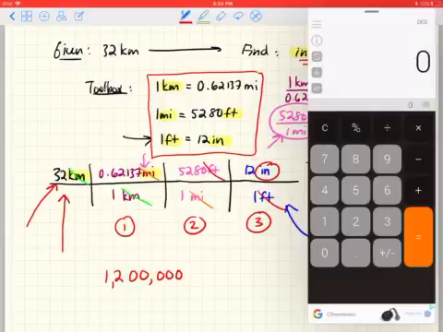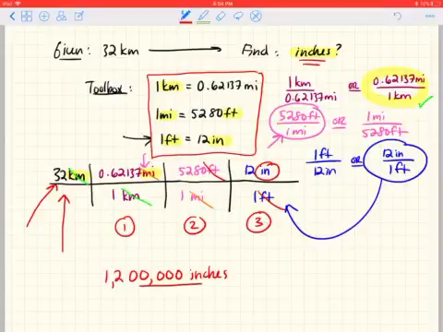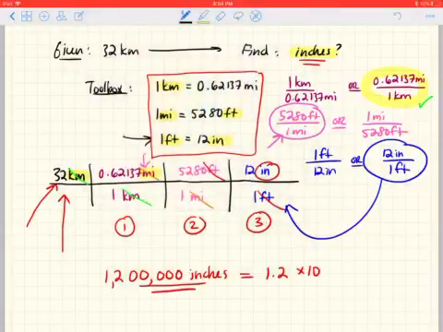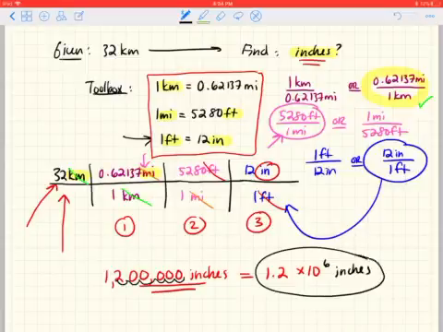So my final answer to this question is 32 kilometers is approximately 1,200,000 inches, which you can also express using scientific notation, which would be 1.2 times 10 to the, and to figure out that exponent, you basically go like this. 1, 2, 3, 4, 5, 6, times 10 to the 6 inches. And there you have it. That is my final answer.